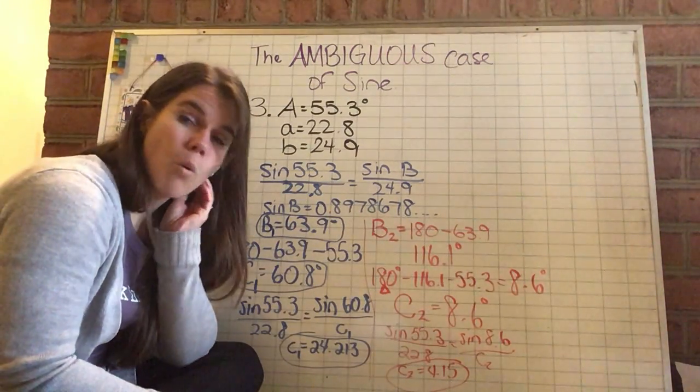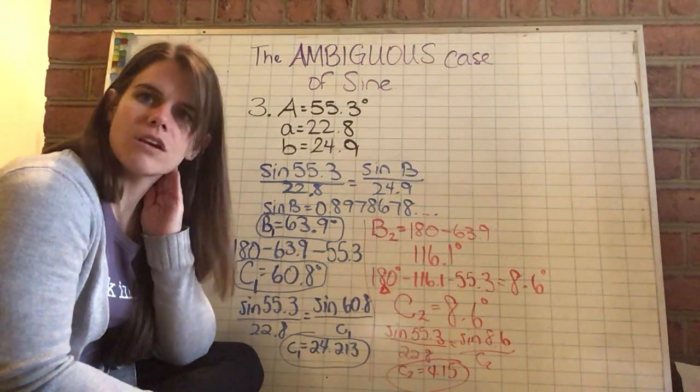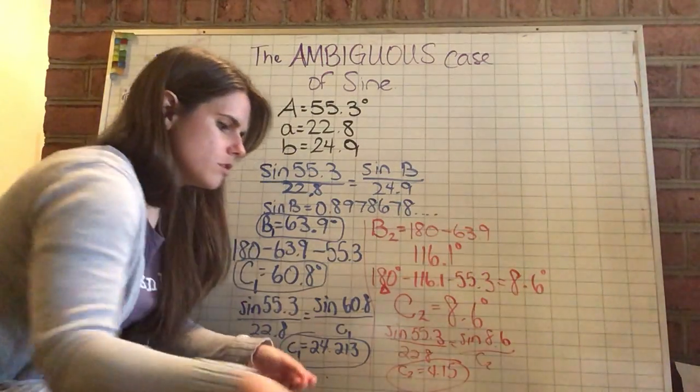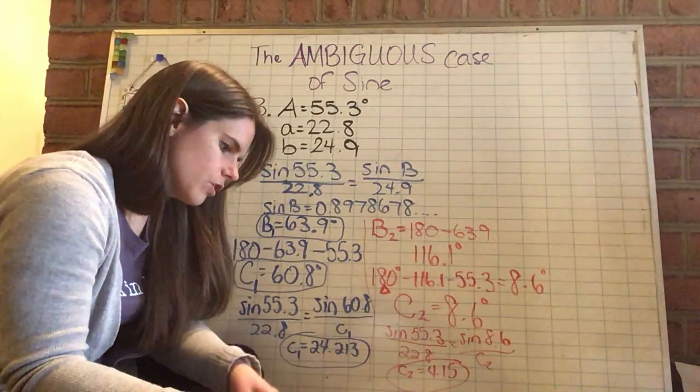Now, there is one clue that you can use to help you. It doesn't necessarily mean there's definitely one or two triangles, but one thing I do want you to notice is if you go to the second example that I did with you and compare it to this first one.